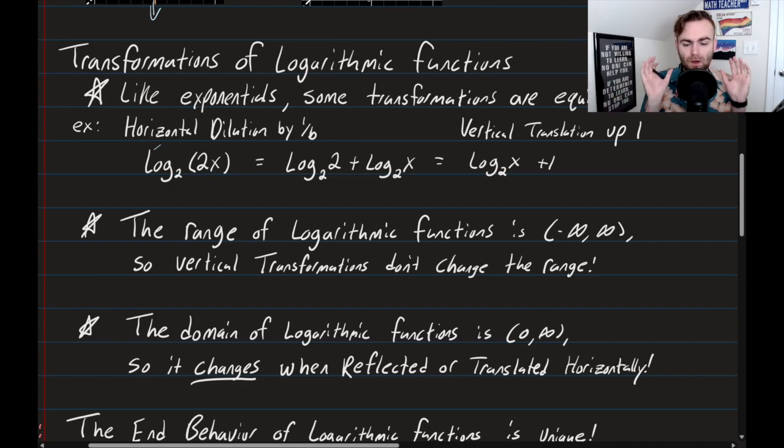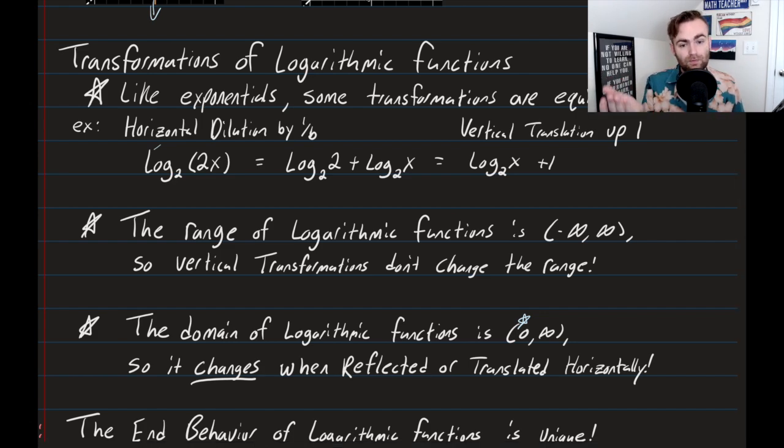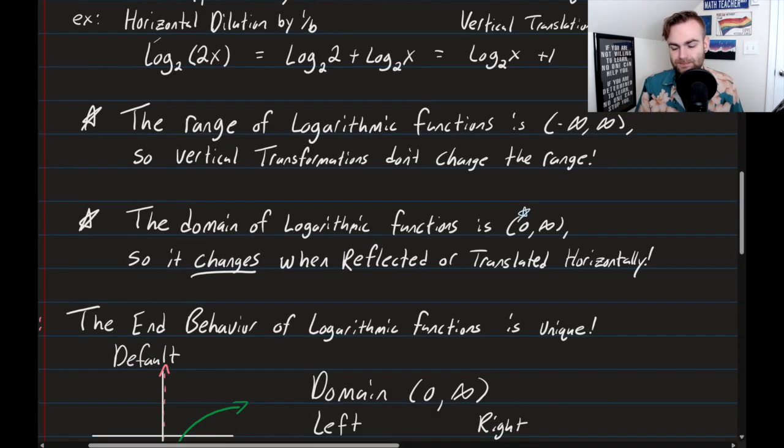So we're still always going to have this range of negative infinity to positive infinity unless we do some restrictions ourselves. The domain, however, is where we get to see that change, because this 0 here can change. It can be any number if we translate it horizontally, or the positive infinity can become a negative infinity if we reflect it. So we just have to keep that in mind when we do our transformations.